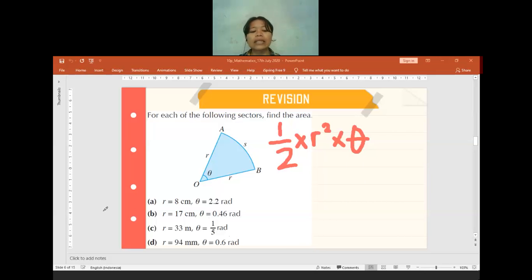So for question A, how many centimeter square is the sector area? You can use a calculator or you can use your phone. For A, how much will it be? 70.4.